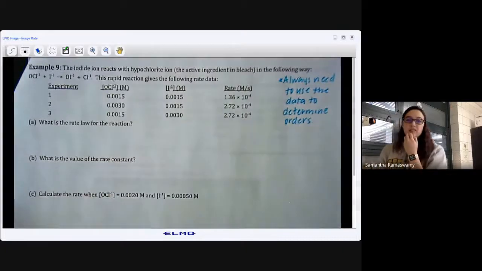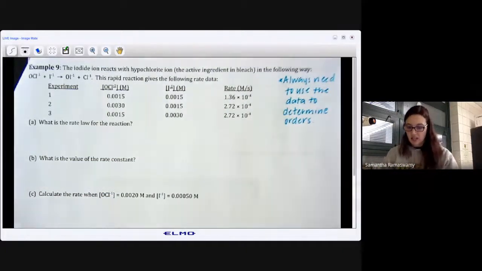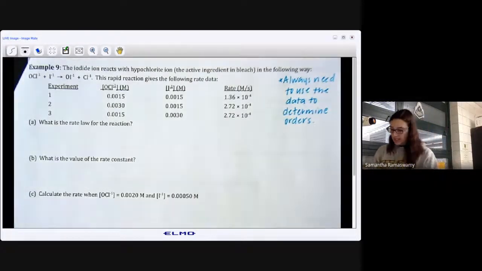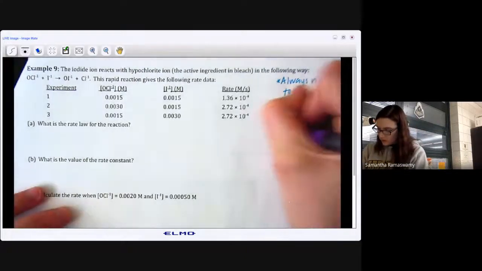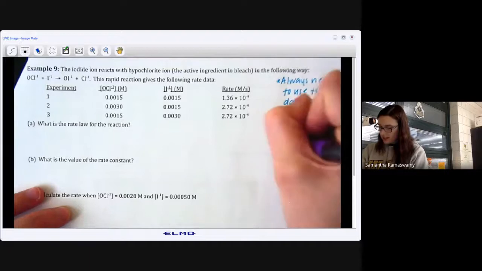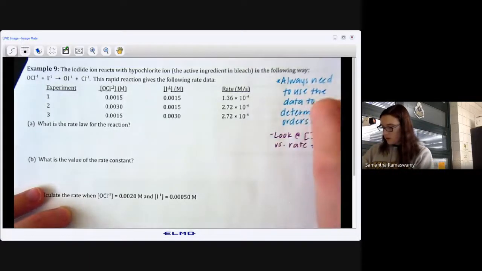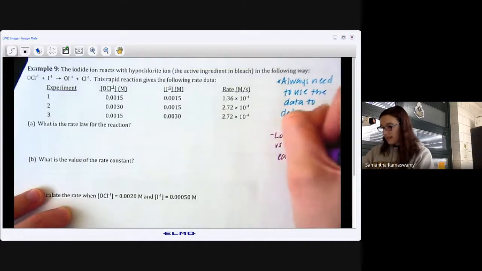They're not telling us, here's the order of I-, here's the order of OCl-. Instead, they're giving us data. So we're going to look at how we can actually figure this out. So what we need to do is we need to look at the concentration versus the rate for each reactant.